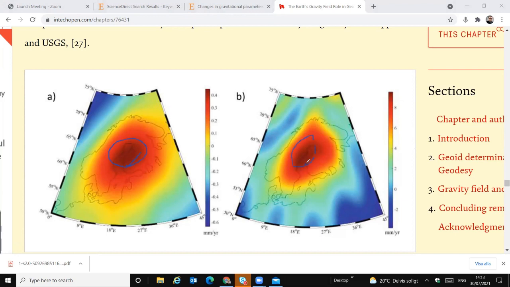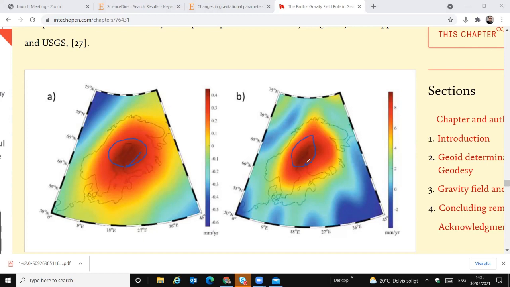I compared this land uplift model with the land uplift model that the National Land Survey of Sweden has computed, and I could see a good agreement. So simply with GRACE data, you can get postglacial rebound and measure the land uplift.